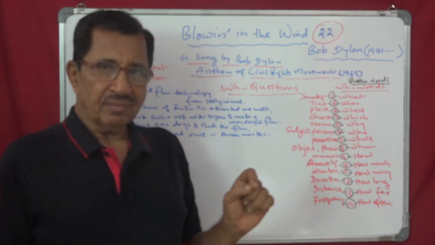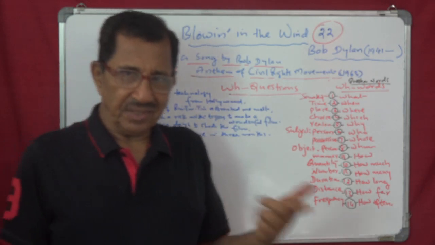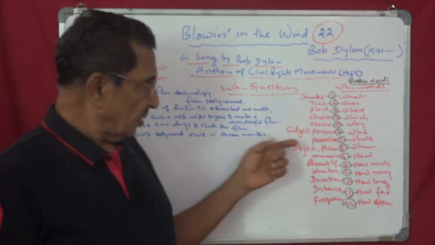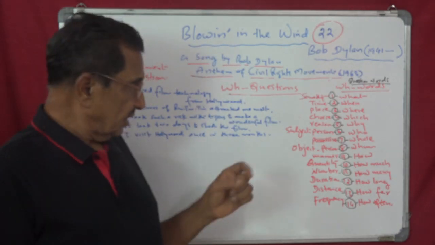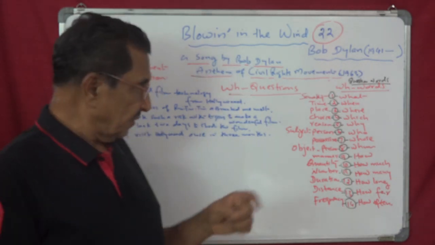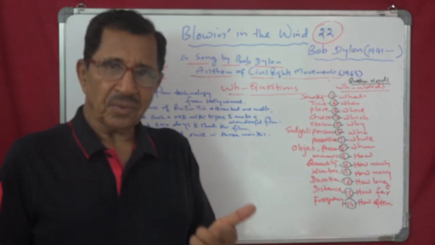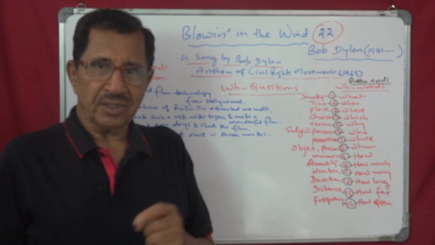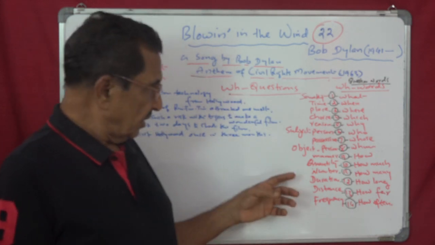Who, it's a person, subject, person. Whose, possession, who owns it, my pen, whose pen, we say. Then object, whom. I met him, whom did you meet, whom. And then manner, how.